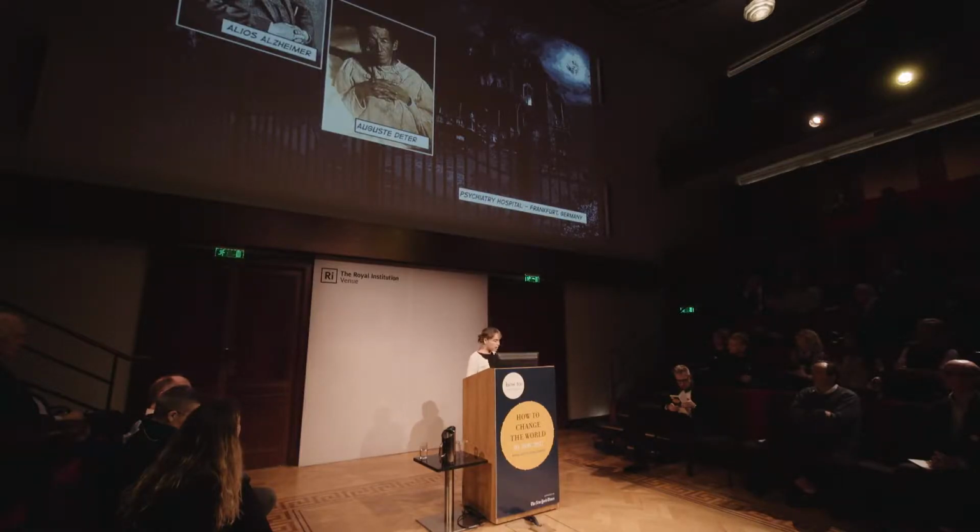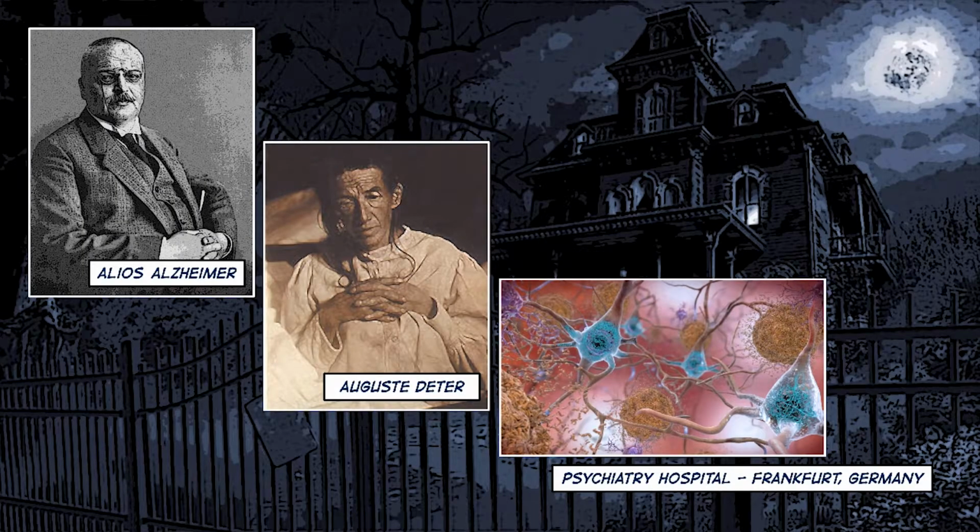What he found were relatively large clumps in her brain. And those clumps were made of protein fibers. The presence of these protein fibers basically destroyed the neuronal cells in her brain and led to her death.